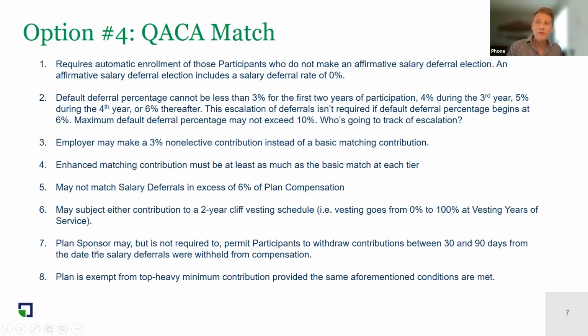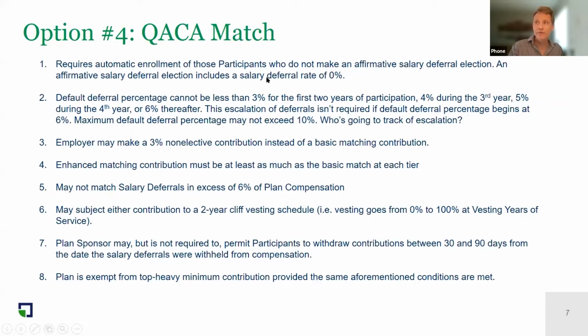The plan sponsor may also permit participants to withdraw their contributions between 30 and 90 days from the dates the salary deferrals were withheld from compensation. So if you automatically withheld salary deferrals from an employee's pay, they can come to you within 30 to 90 days of that withholding and say to you, I want those deferrals back, okay?